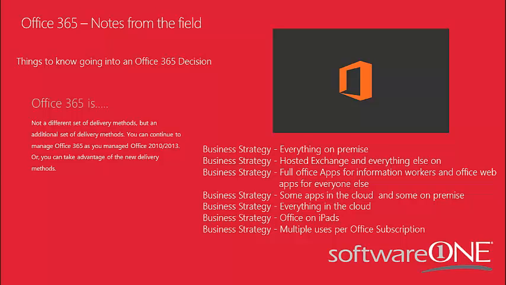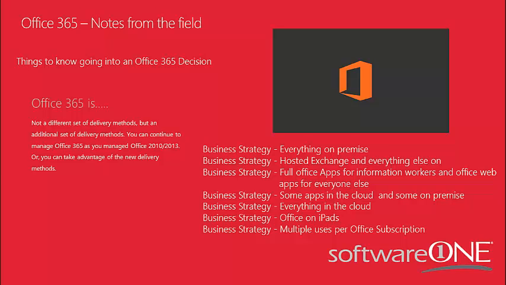So, when we're concerned about giving up control of the delivery methods, whether it's putting it into a default image that we deploy to all of our new provision devices, or it's distributing it through the software distribution package, none of that goes away with Office 365.